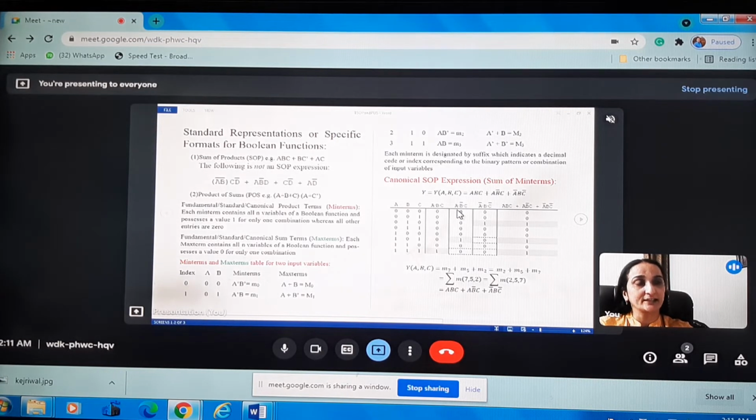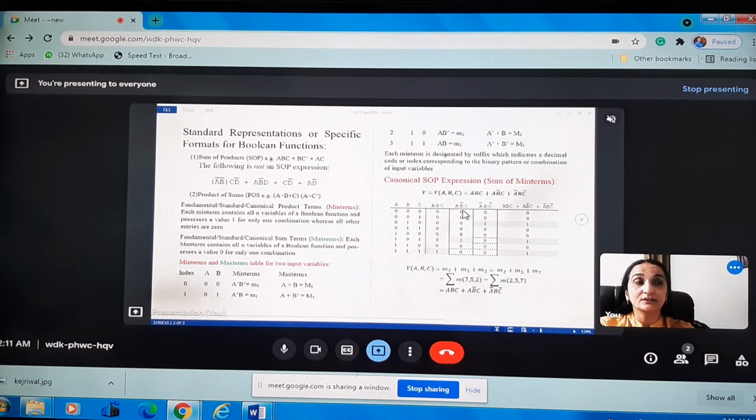So when A is 1, B is 0, C is 1, this corresponds to the fifth row or fifth decimal code. So here we can see for this row, this product term will be equal to 1.